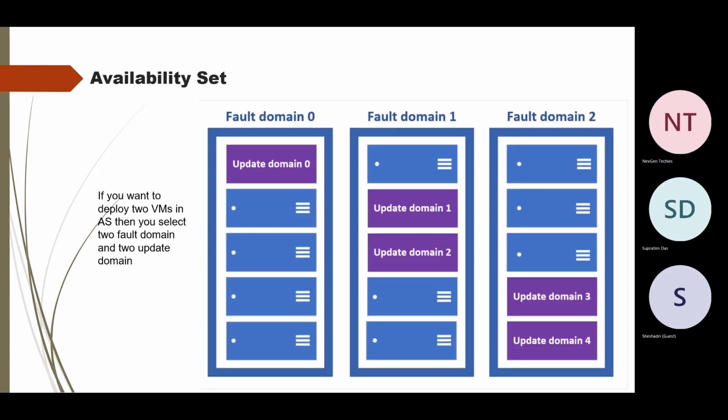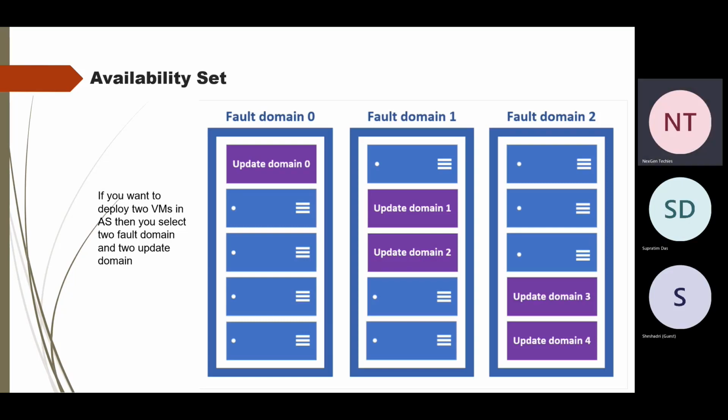So if you want to deploy two VMs in an availability set, which we call AS, you have to select two fault domains and two update domains. When the Azure team configures the availability set, we have a minimum of two VMs.